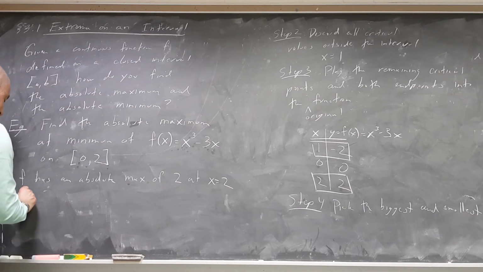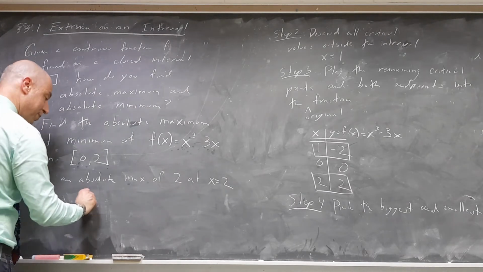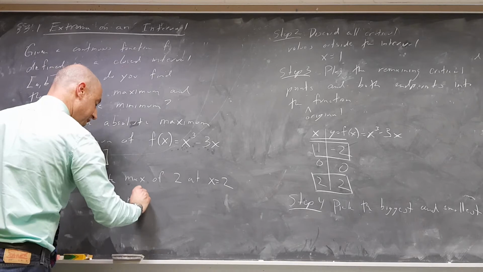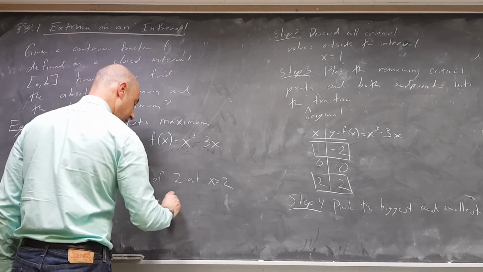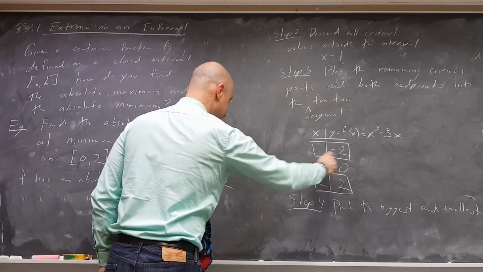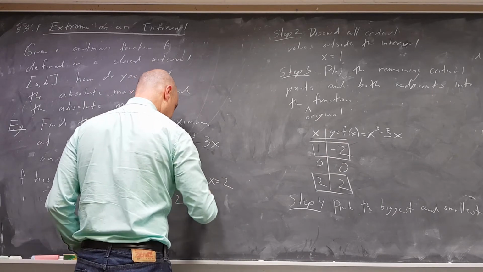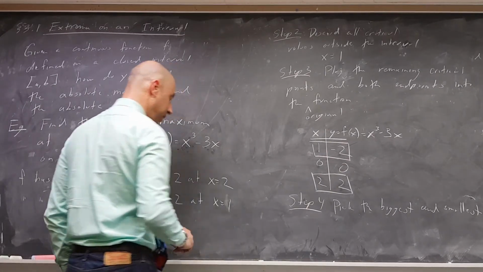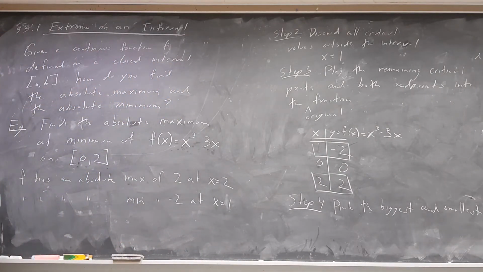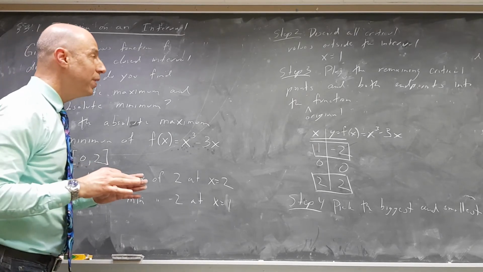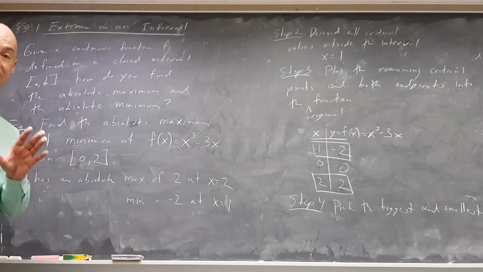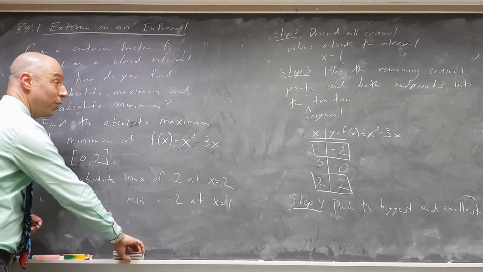And f has an absolute minimum of negative 2 at x equals 1. So we have an absolute maximum at height 2 at x equals 2, and we have an absolute minimum of minus 2 at x equals 1. This problem is finished. We did exactly what we said we were going to do.